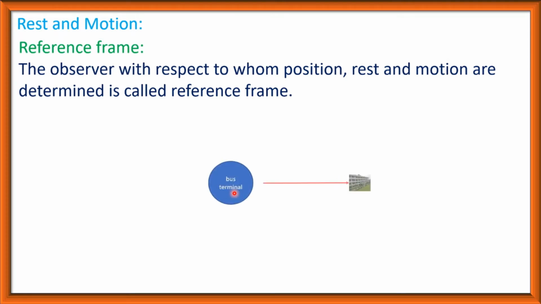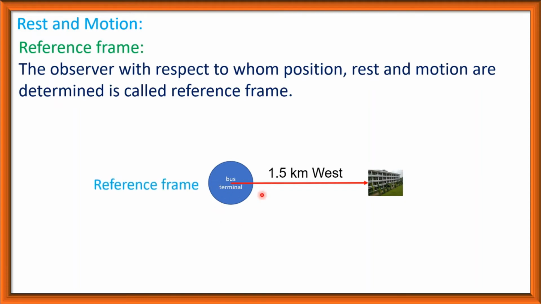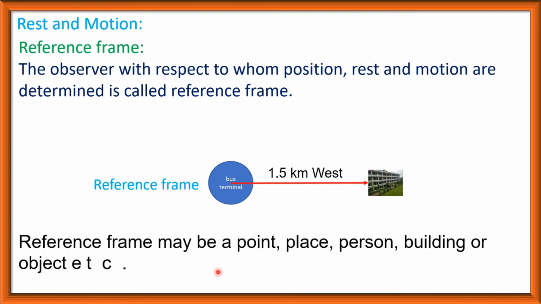Here we have measured the distance of our school from the bus terminal, and it is 1.5 kilometer west from the bus terminal. So the bus terminal is the reference frame, and a reference frame may be a point, place, person, building or object, etc.